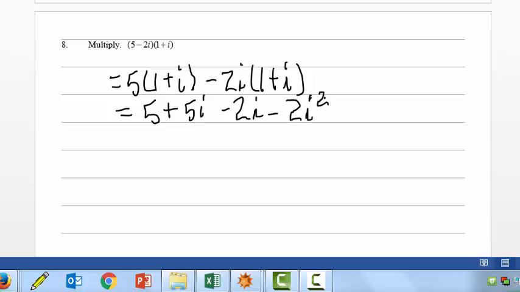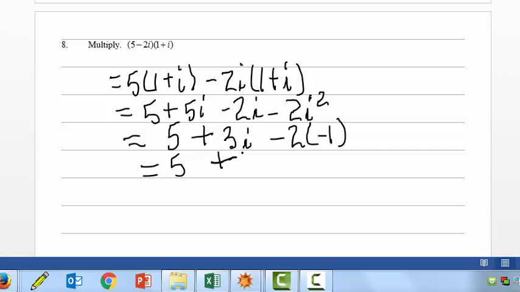So those are the 4 products I get. And 5i minus 2i is plus 3i. And negative 2 times i squared is negative 2 times negative 1. So I get 5 plus 3i plus 2. So in the form a plus bi, I get 7 plus 3i.